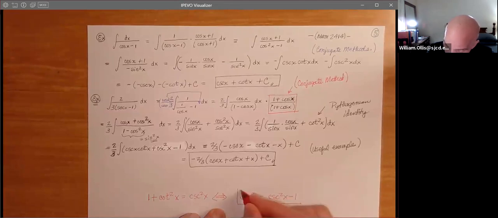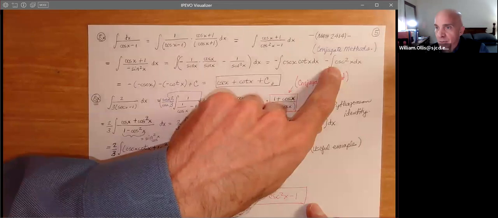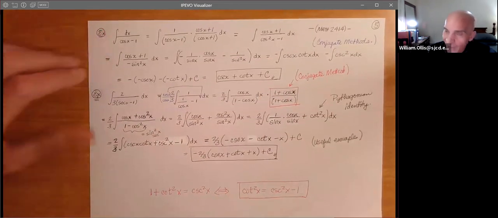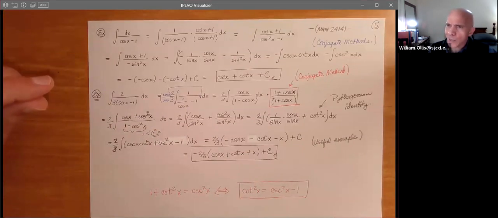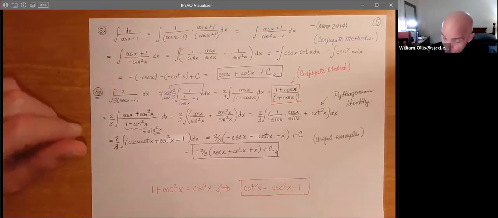So often we want to get ourselves back to something like this, which we know. When you're doing this the first time, oh yeah, cotangent squared, I know the antiderivative. No, you don't. You know it if you do this. And that's what I think is interesting about this problem.